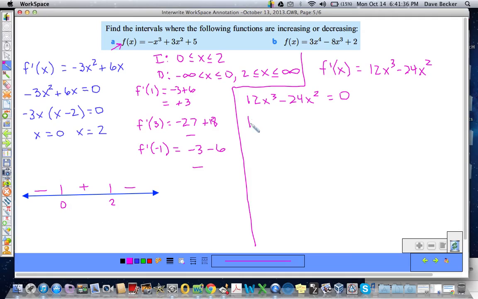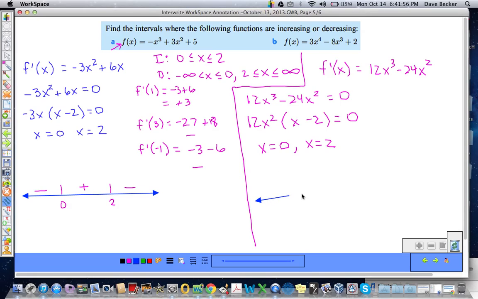So I can factor out 12x squared, and I'm left with x minus 2 equal to 0. So again, we have our critical points at x equal to 0 and x equal to 2.